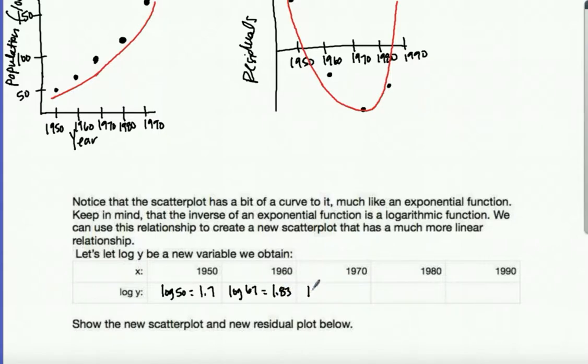For 1970, your original y value was 91, so we're going to do log 91. Whenever you do that on your calculator, you should get 1.96. And then for 1980, you should do log 122, and that will give you 2.09. And then for 1990, you're doing log 165, and that'll give you 2.22.